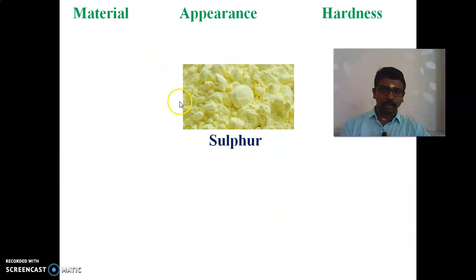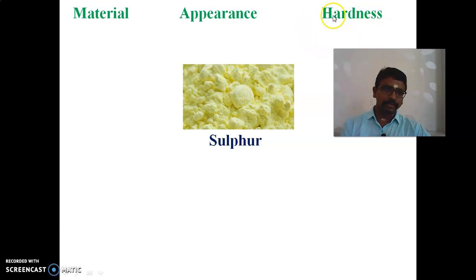And the next material is sulphur. What is the symbol, what is the formula for sulphur, children? Yes. Here you can see the appearance. Is the appearance shiny or dull? Yes, it is dull.